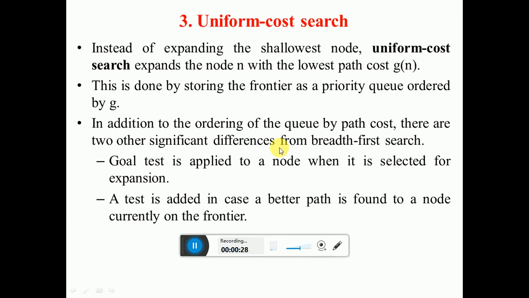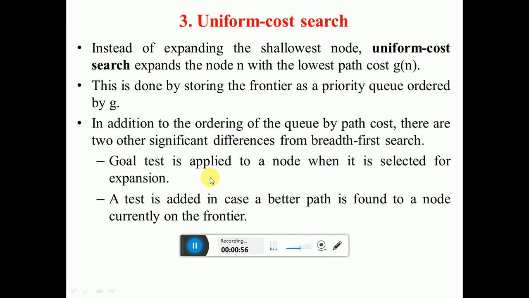In this case, instead of expanding the shallowest node, uniform cost search expands the node n with the lowest path cost g of n. This is done by storing the frontier as a priority queue ordered by g. In addition to the ordering of the queue by path cost, there are two other significant differences from breadth first search.